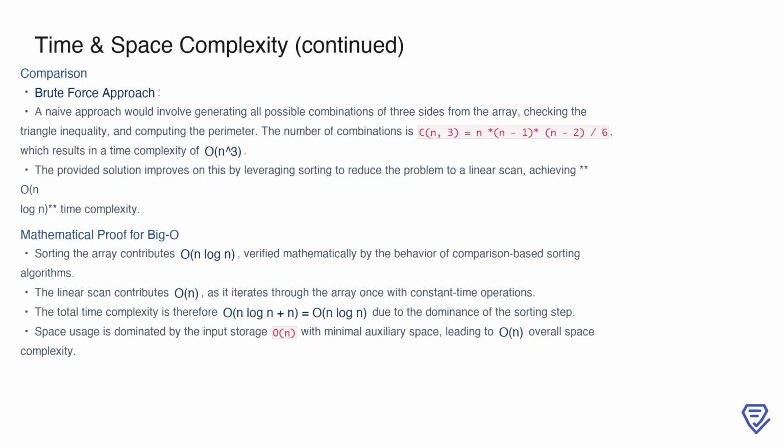By sorting the array first, our solution reduces the problem to a single linear scan, achieving a vastly improved time complexity of O(n log n). Mathematically, the sorting step accounts for O(n log n), while the linear scan adds O(n). Since O(n log n) dominates, the total time complexity is O(n log n). Space complexity is determined by the input storage O(n) and the minimal auxiliary space O(log n), resulting in a final space complexity of O(n).